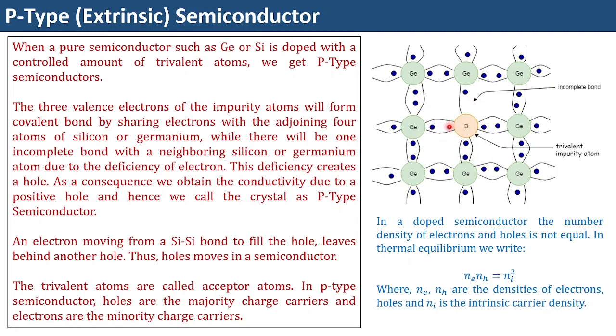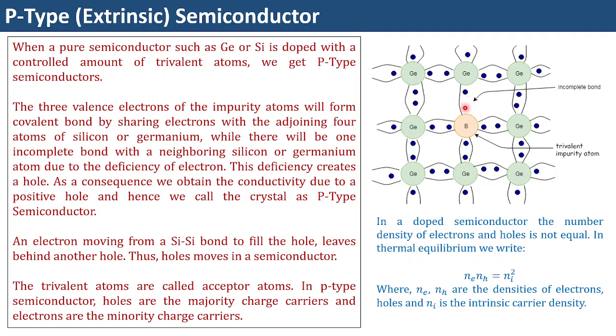See, boron has given this one and this one. So it also requires an electron here, but it is not there, because boron can give only 3, which have already made covalent bonds with the near neighbor atoms of germanium, but this germanium atom remains thirsty. Why does it remain thirsty? Because it requires an electron, but it is not getting it from boron.